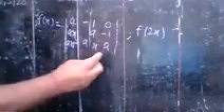Yes, right. Using properties of determinant, find the value of f(2x) minus f(x). The value of f(2x) minus f(x), you have to find.